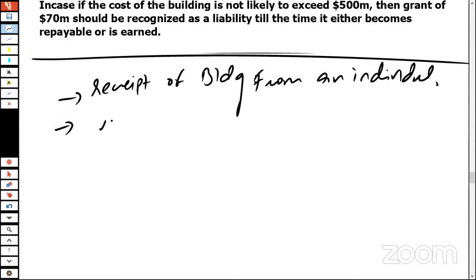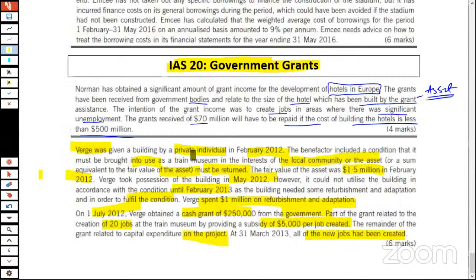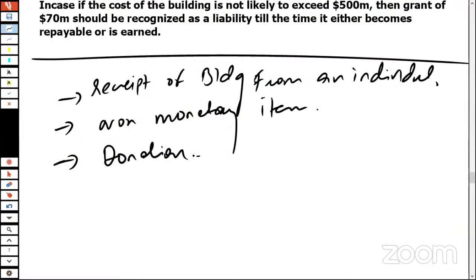So the building is a non-monetary item. How do we recognize this building? This is simply a sort of a donation that you have received.